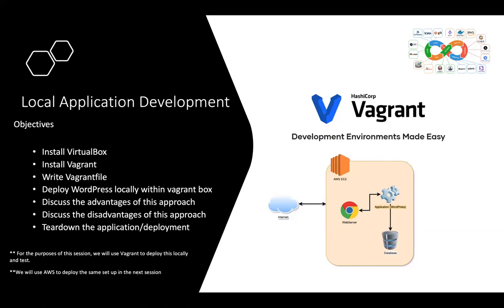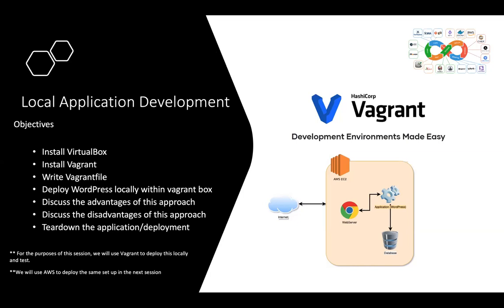So what are we going to do here? We're going to use VirtualBox to spin up our virtual machines. We also install Vagrant. In my case, Vagrant's already installed. We'll write a Vagrantfile, which is nothing but the configuration code for the virtual machine itself. For the application, we've chosen WordPress, and we'll install it on the Vagrant box.